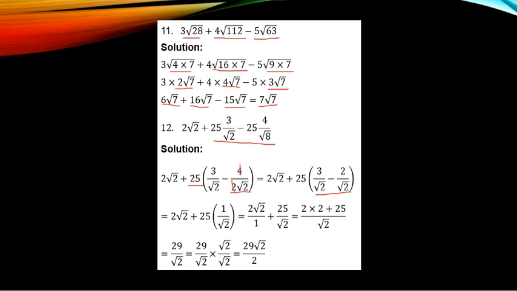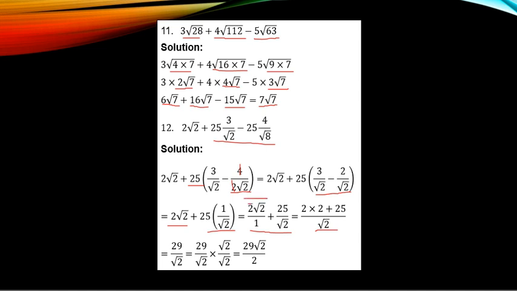So if we open this bracket and write this as a fraction, you have 2 root 2 over 1 plus 25 over root 2. So the LCM is root 2. You divide root 2 by 1, you have root 2. Root 2 multiplied by 2 root 2.